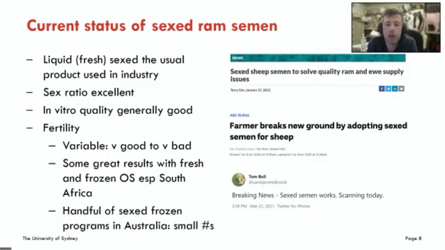You know, there are people that really have had wonderful experiences, and then there are some that have had experiences which are not quite so wonderful. And there have been some notable cataclysmic sex programs that just haven't gone so well. Overseas, particularly in South Africa, they've had some really great results.